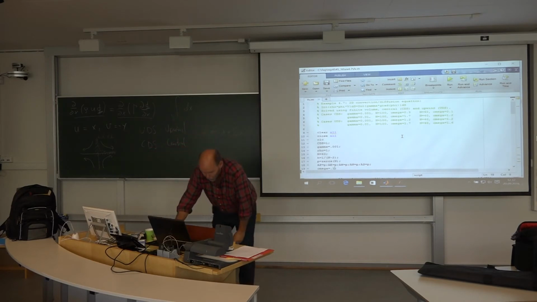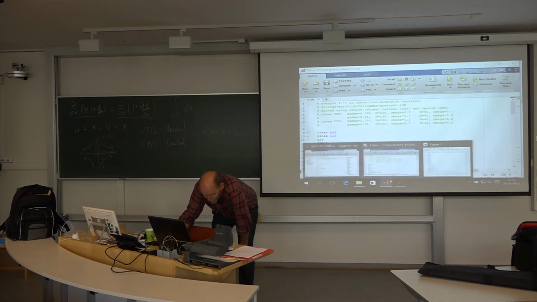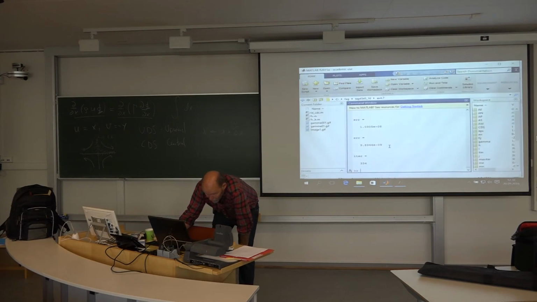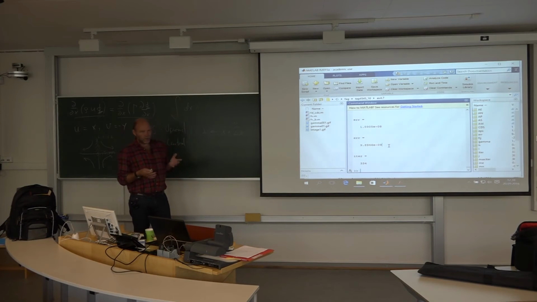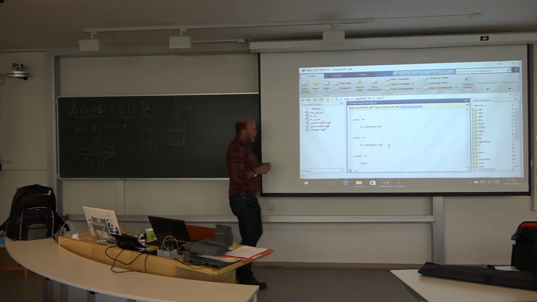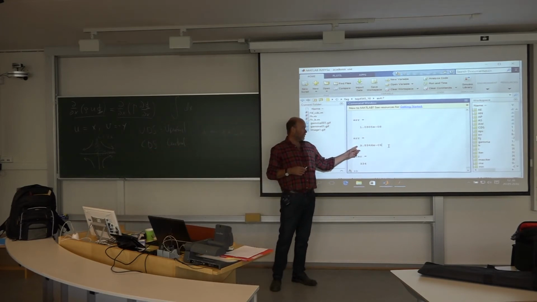The error that I've printed out here, that is just the machine accuracy. I'm just solving the equations down to machine accuracy. So that's actually not so important. I only use the error here to tell whether it has succeeded or exploded.